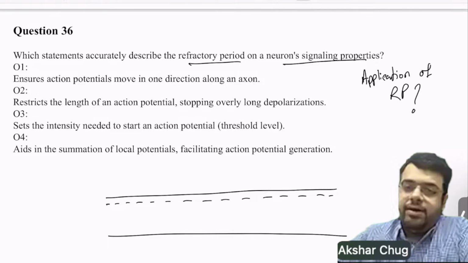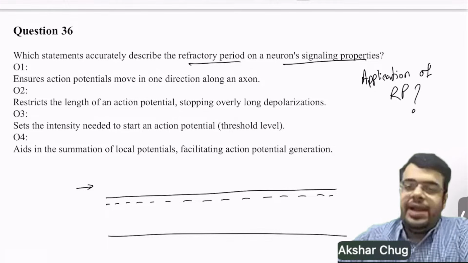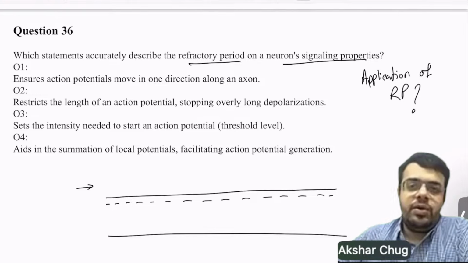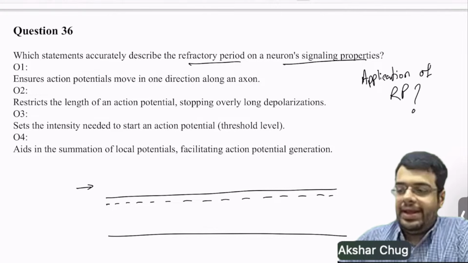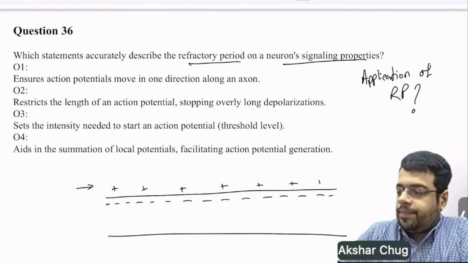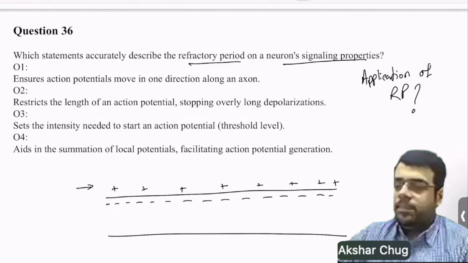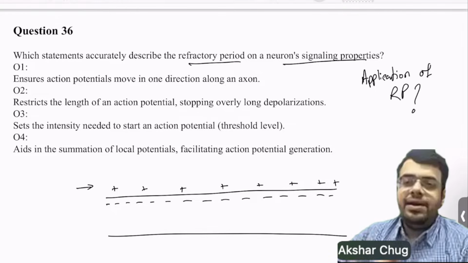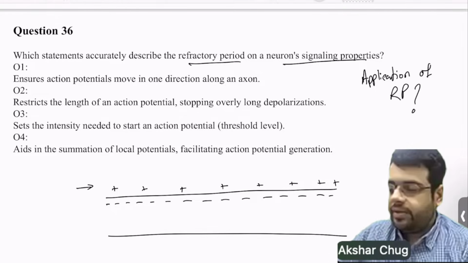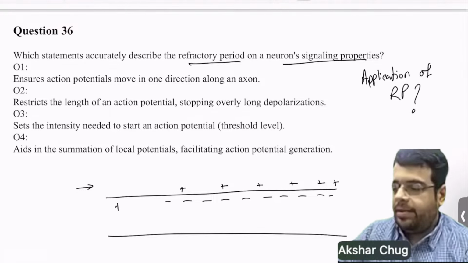Now, let's suppose we have an action potential from this direction. It will depolarize the membrane, so it will cause positive charge inside and negative charge outside. As soon as a signal comes to the neuron, there will be a change in the charges. So for one particular moment, there will be positive charge inside, negative charge outside.